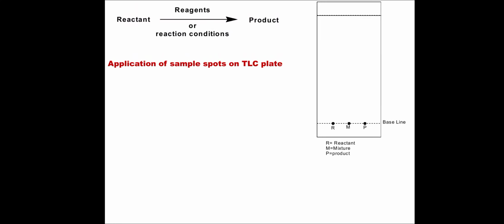On that TLC plate you have to consider an imaginary baseline which is 1 centimeter from the base, and on that imaginary baseline you have to give 3 spots, one for reactant which is denoted by R, one for product which is denoted by P, and one for the mixture which is denoted by M. Mixture means we are going to apply spots of both reactant and product.